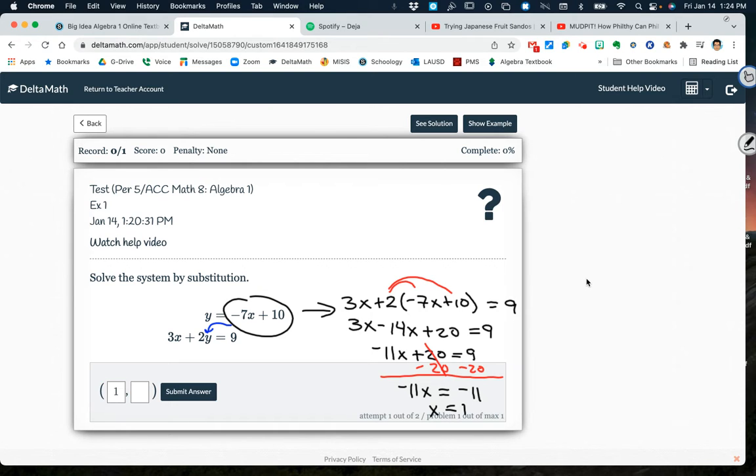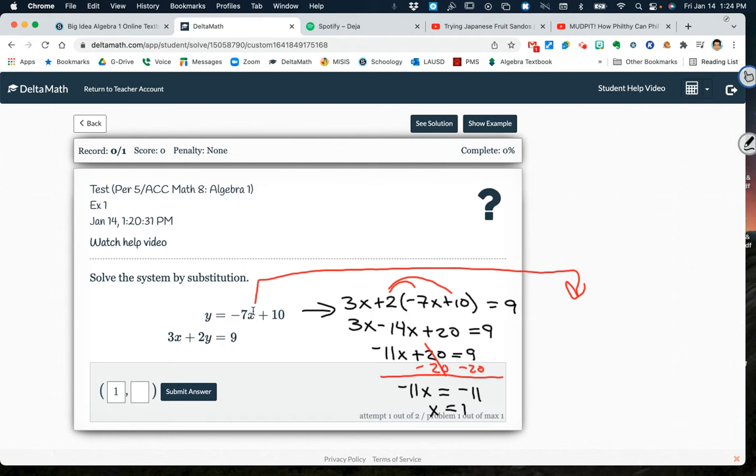Okay, we're almost there. We just have to figure out y. And for that, let's go back to this equation, y equals negative 7x plus 10. That equation's already set up to solve for y right away. So I'm going to just move my work over here. And I'm going to replace x with 1.